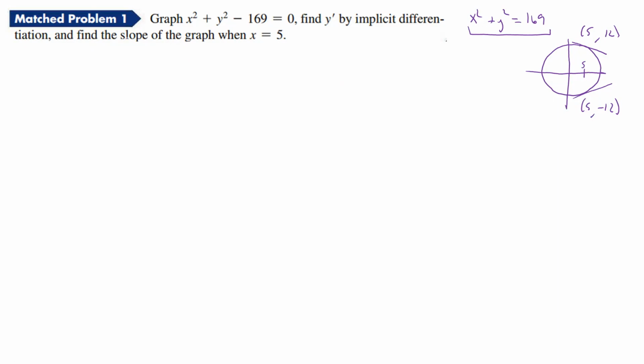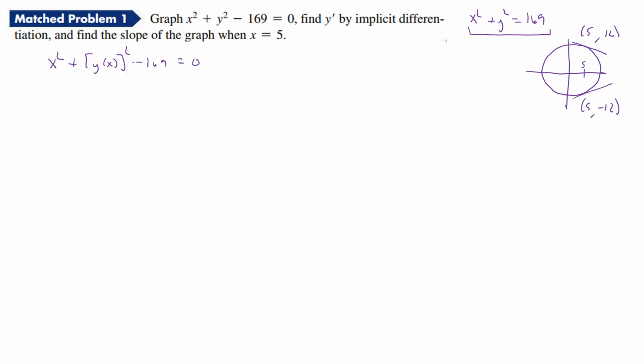But before then, what we're going to do is rewrite this kind of like they did in the last problem. They had x squared, and then instead of y squared, they put the y of x. And so we have y of x squared, and then we have minus 169, and then that's equal to 0. Okay.